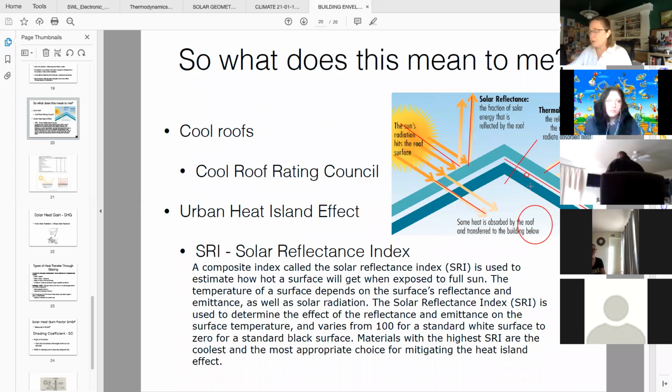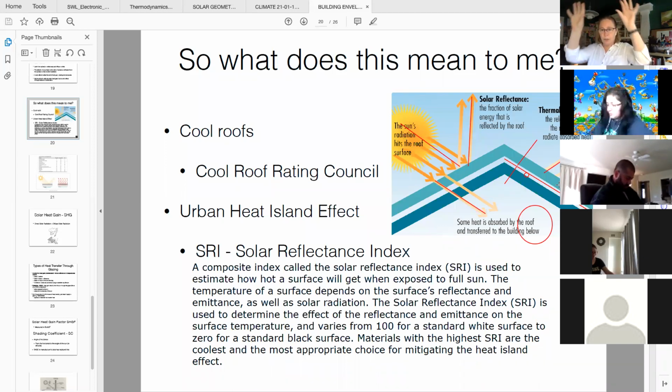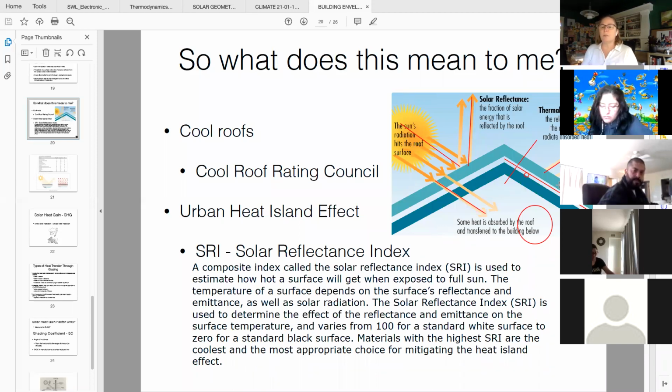And that came up on a project. We were doing SIPS panels. We were doing a wood ceiling finish inside that was going to be directly attached to that SIPS panel. And the client really was insisting that we put in this radiant barrier because someone had told her that it really makes a difference in the performance of your building. Well, it does in the right place. But if you don't have that air gap, it's not going to work.